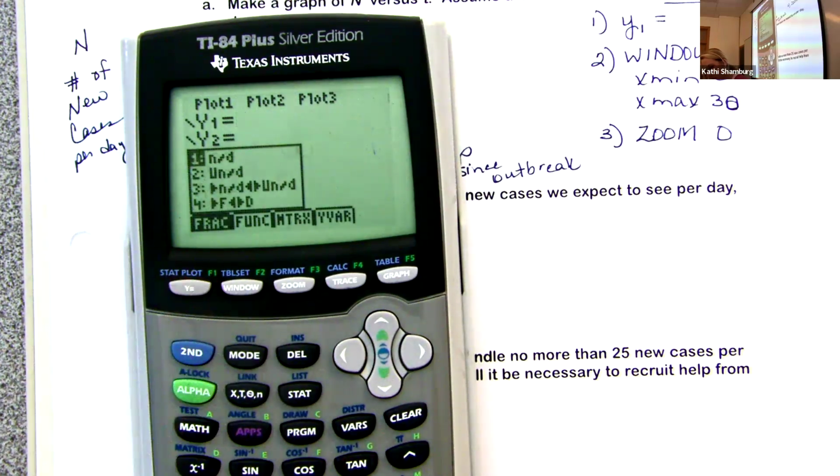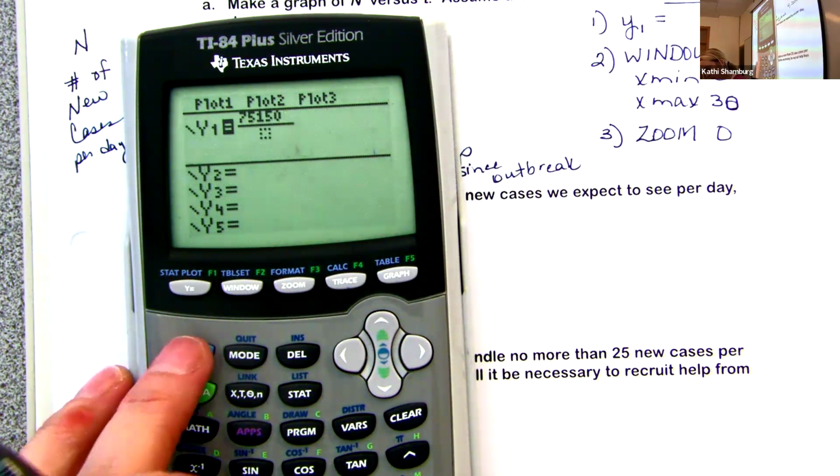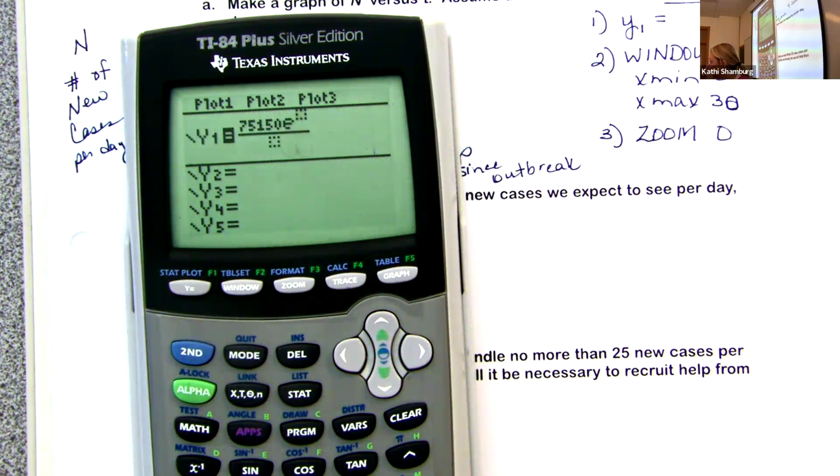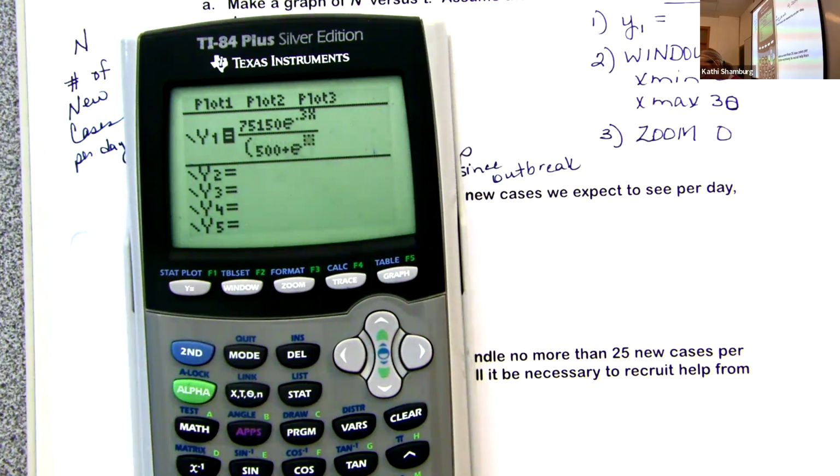Alpha, Y equals 1, 75, 150. E is second LN, which represents natural log. It's over on the left side of your calculator. 0.3x. Denominator, open parentheses, 500 plus second LN, 0.3x.